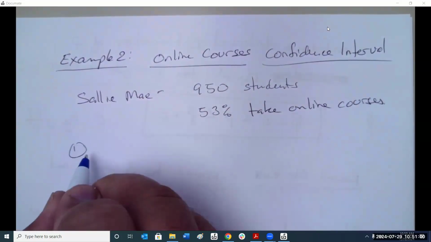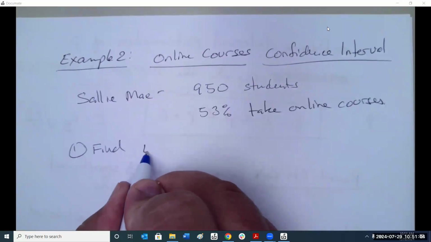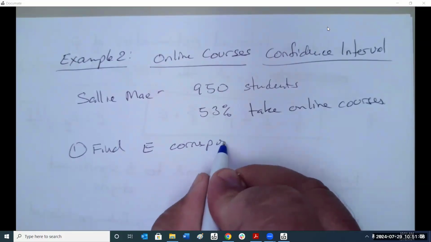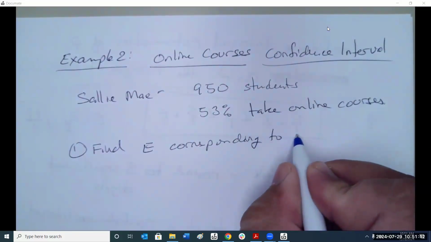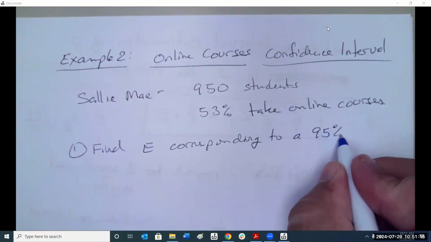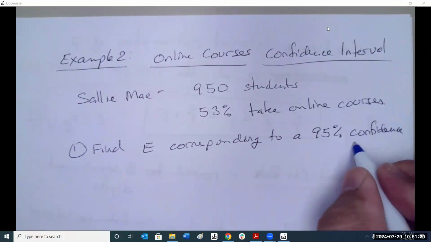One, find the margin of error corresponding to a 95% confidence level.